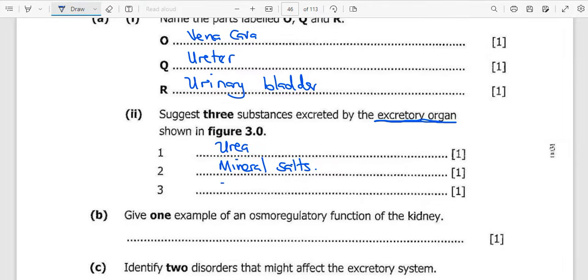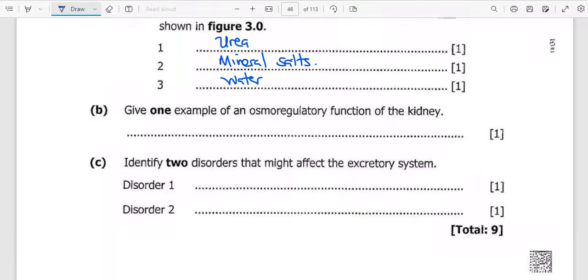Once you take up a lot of water, the body will balance the amount of water which should be left in the body, so a volume of water will be excreted because it might not be needed by the body at that time.